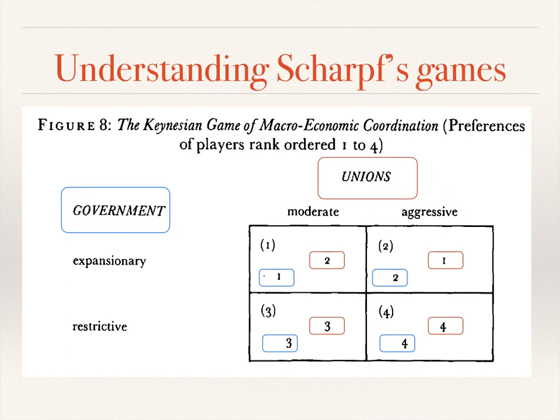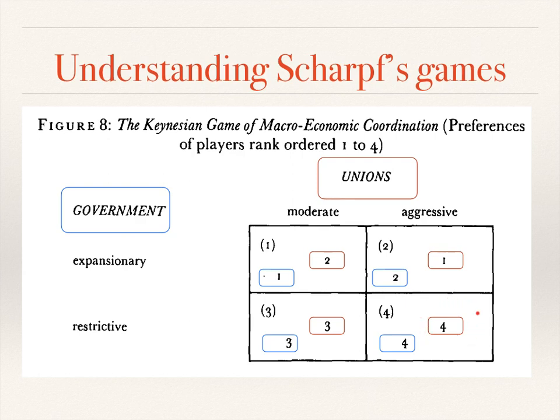And for reasons that are set out in the text, Scharpf ranks their preferences in this order, that unions most prefer an aggressive wage policy in an environment in which the government is being expansionary. Their second choice would be a moderate wage policy in expanding conditions. Their third choice would be a moderate wage policy in restrictive conditions.